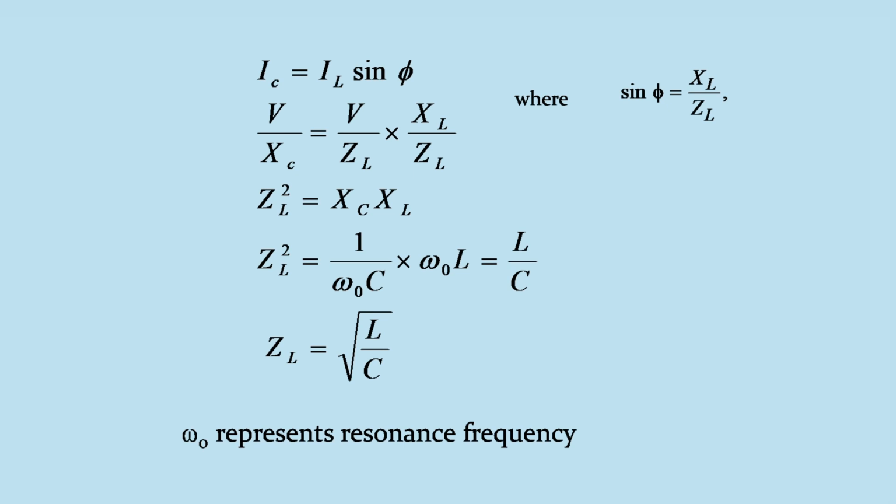You can also calculate ZL square is equal to 1 upon omega naught C multiplied by omega naught L. This omega naught will be cancelled out from the numerator and denominator. So ZL square can be written as L upon C, or in other words you can write ZL is equal to under root L upon C, where omega naught represents the resonance frequency.